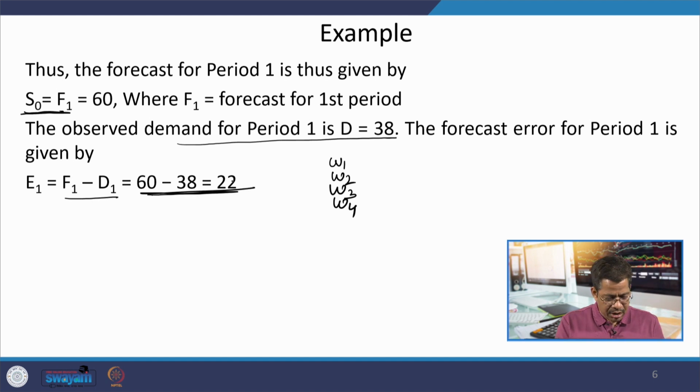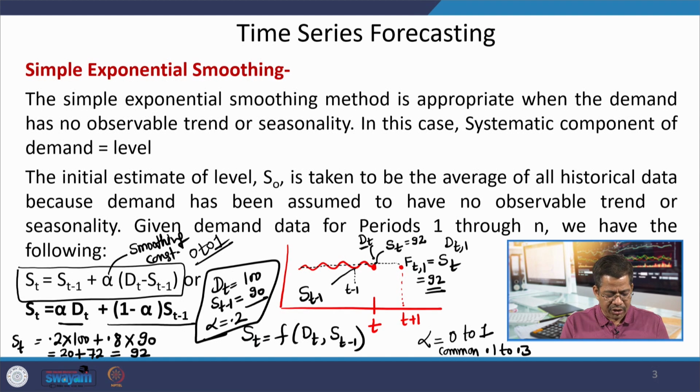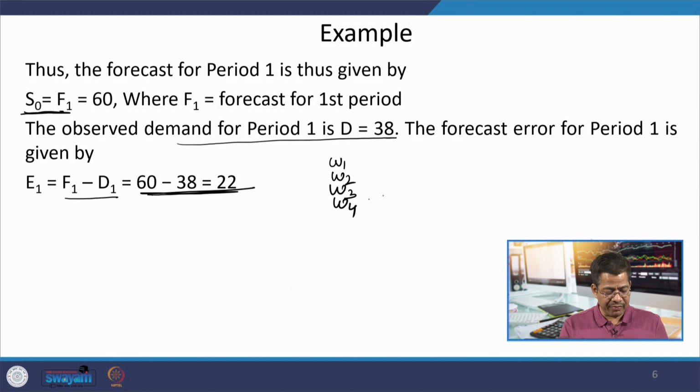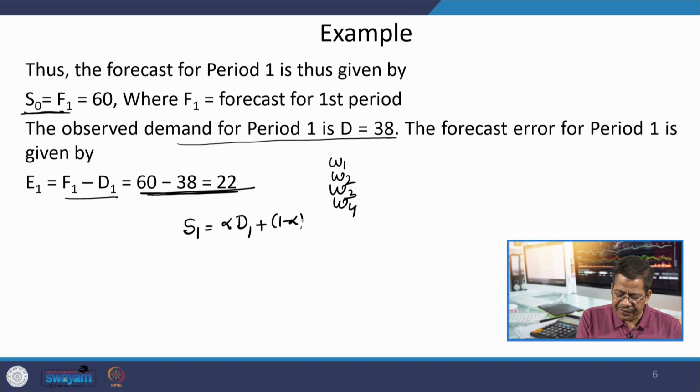Now, you see that the formula for our calculation is St equals alpha Dt plus 1 minus alpha St minus 1. S naught is given to you, and we have to calculate S1, which will be alpha D1 plus 1 minus alpha S naught.